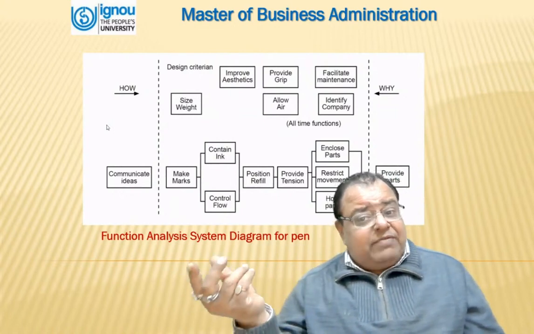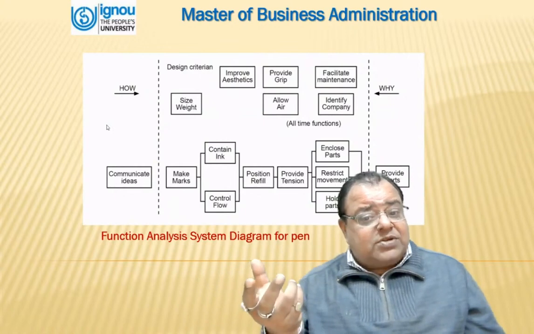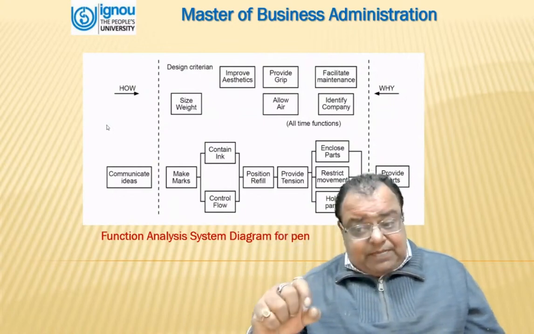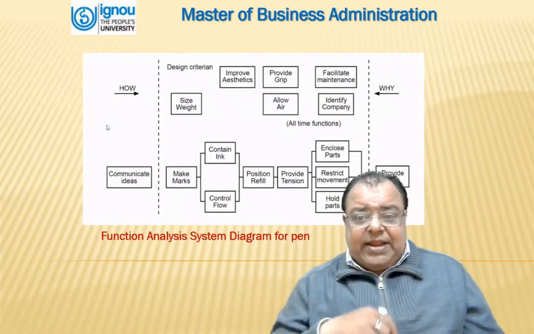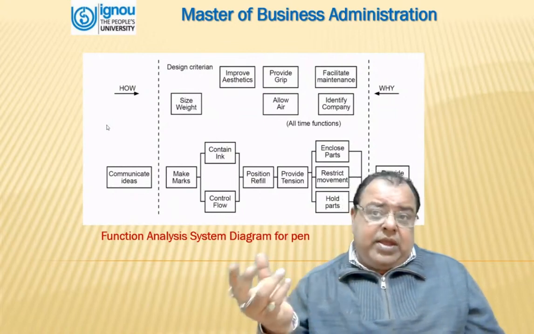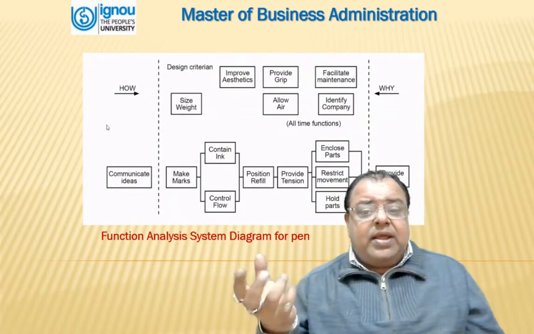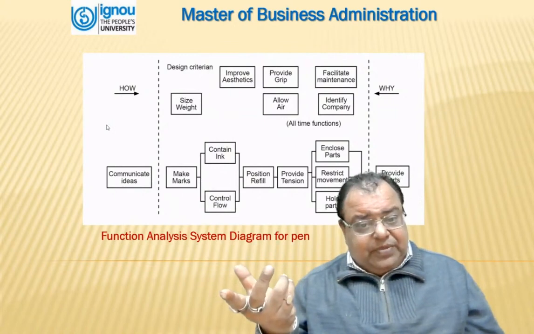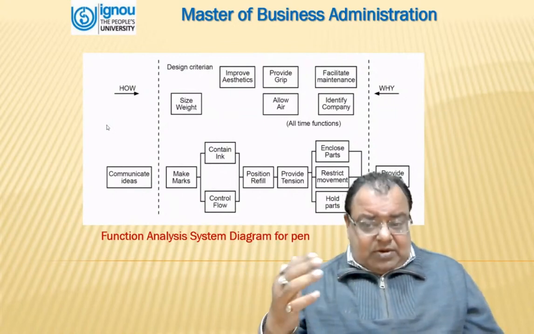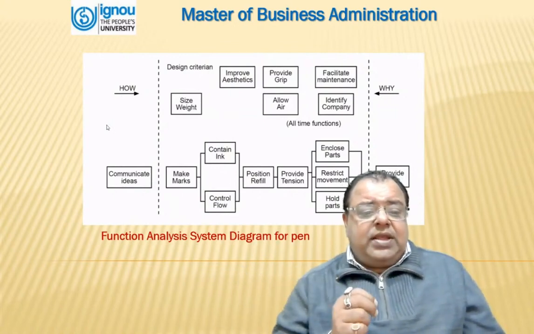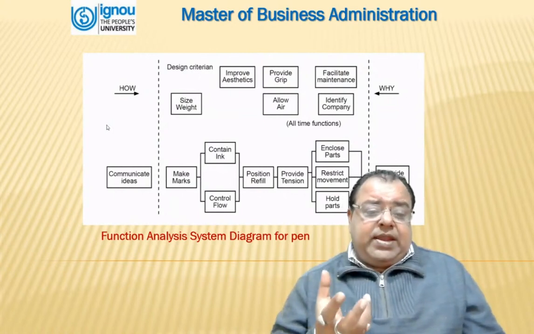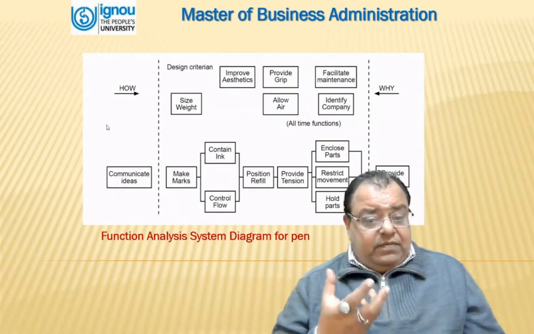If we move on the right side, we have why. There are again four questions. Provide grip for holding it, facilitate maintenance for keeping it, allowing air, that means a port has to be there, and identify the company. If we come on to the lower part of the diagram, we can see how to communicate ideas.